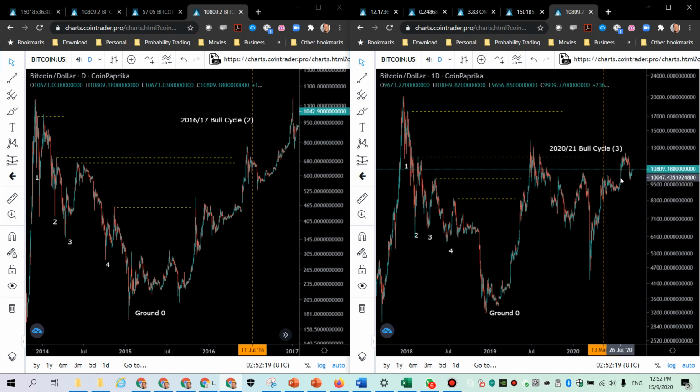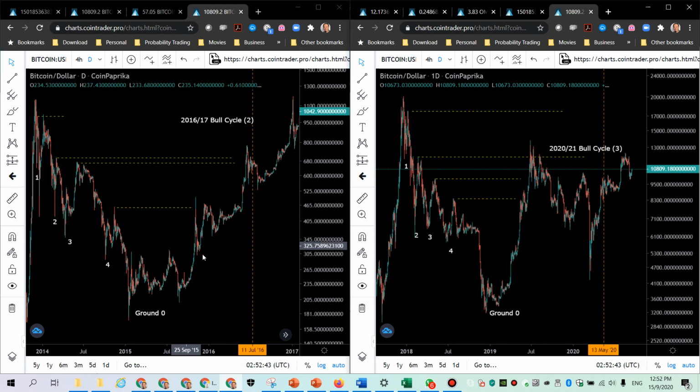All right. Now let's start off with the previous cycle, 16-17 against now. And this is where I think it presents a challenge, even for me initially. There was a challenge to identify where we are. Now, partly is because this fractal here is much, much bigger than the previous cycle's fractal.